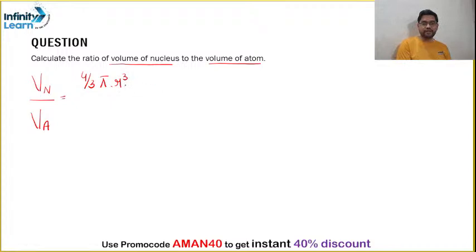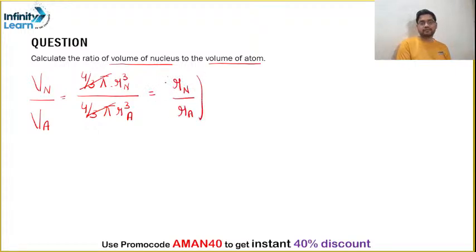Here I take the radius of nucleus, divided by 4/3 pi r cube with the radius of atom. The 4/3 pi will get cancelled. That is equal to the radius of nucleus divided by the radius of atom, the whole cubed.